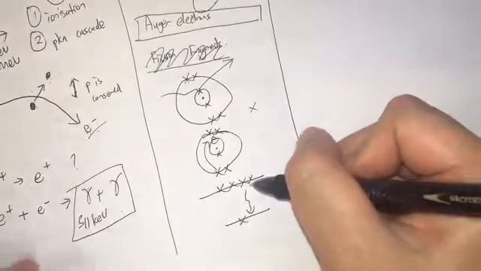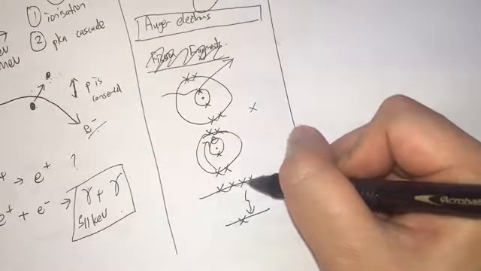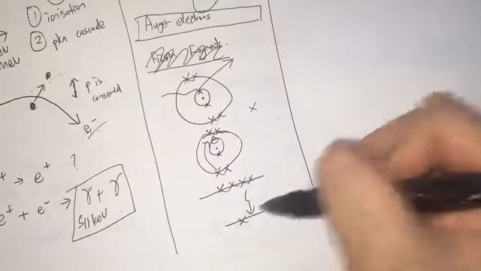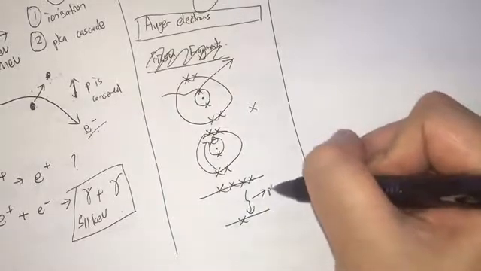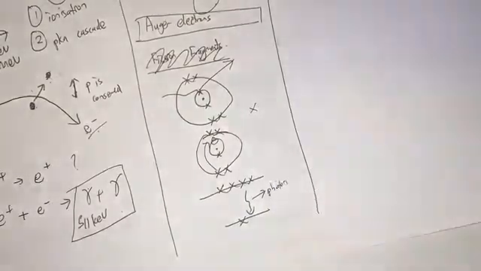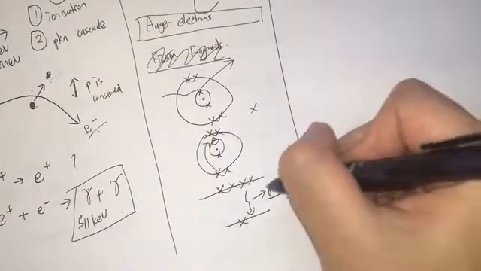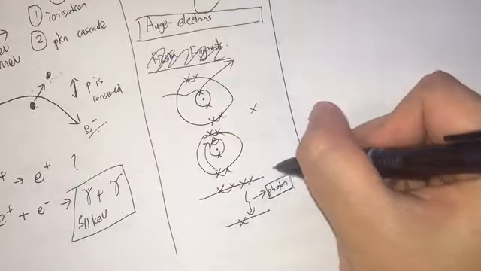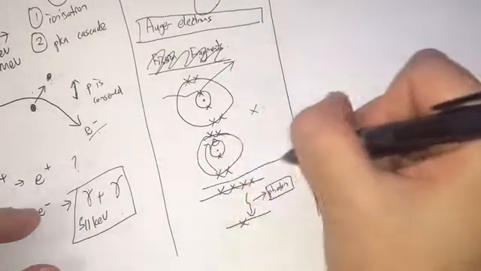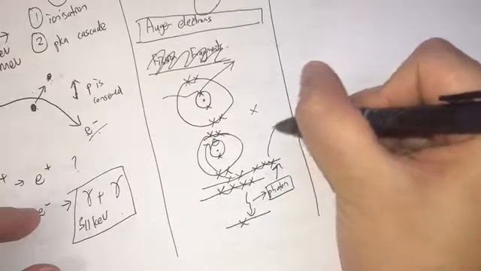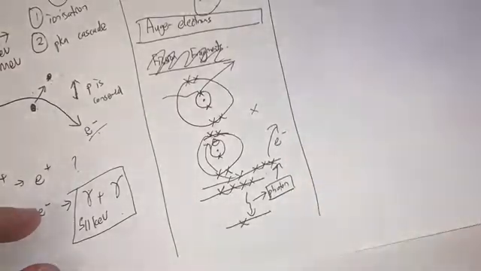when this electron falls from a higher shell to a lower shell, a photon is released. Okay, and this photon can also knock off other electrons in other shells, and this causes an electron to get ejected.